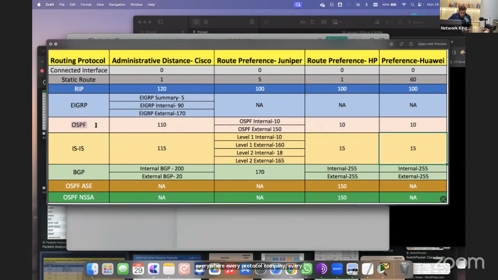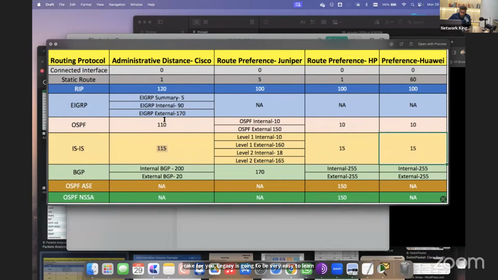That's why in every company, the OSPF number is lower. Are you getting my point? And OSPF is even considered better than ISIS. There is an ISIS protocol, a service provider protocol, intermediate system to intermediate system. If you learn OSPF very well, ISIS will be a piece of cake for you. It is going to be very easy to learn.